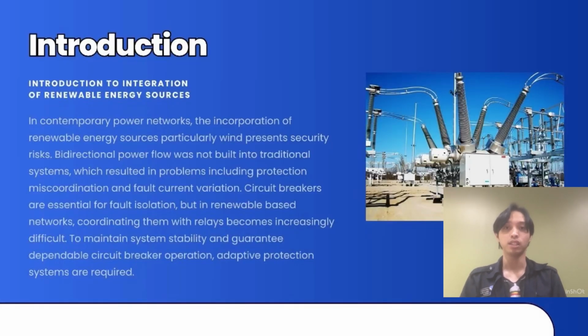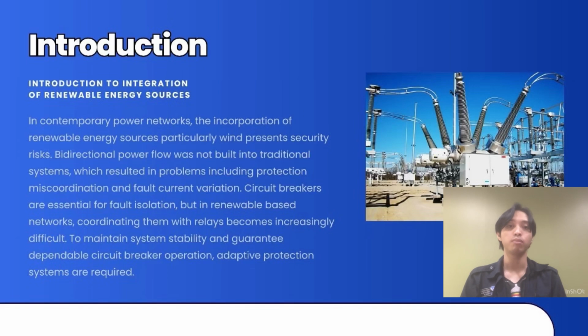For the introduction, in modern power networks, the transition toward renewable energy, especially wind energy, plays a crucial role in building a sustainable future. However, this shift introduces new protection challenges.